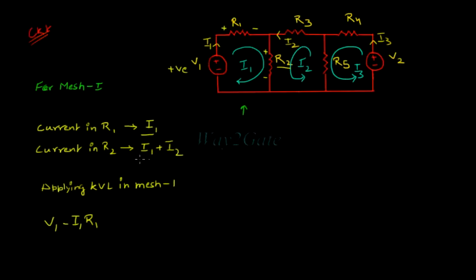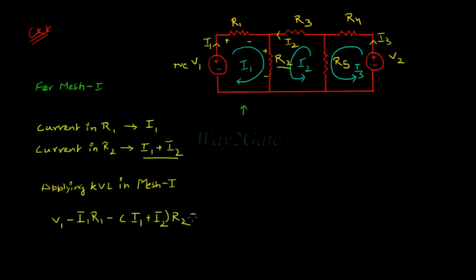Therefore, minus (I1 plus I2) into R2 is equal to 0. On solving the equation, V1 comes out in terms of I1 and I2.